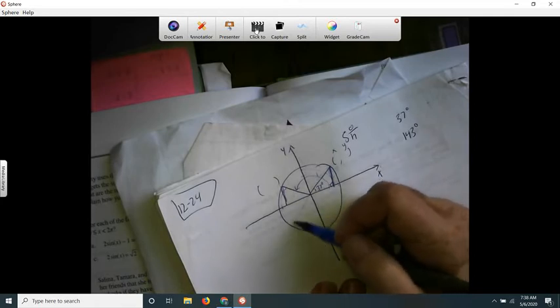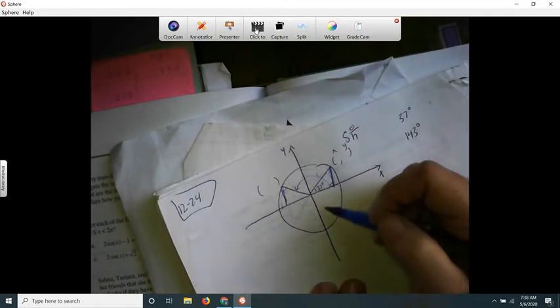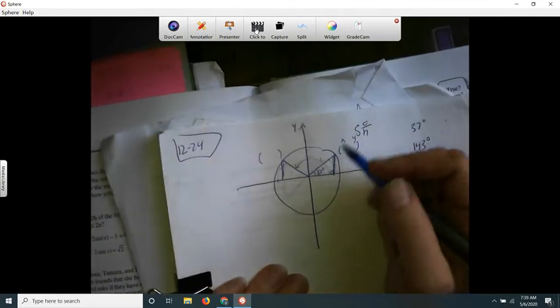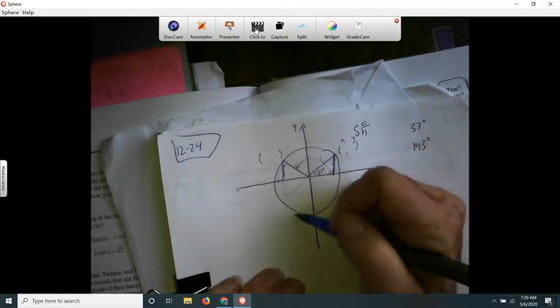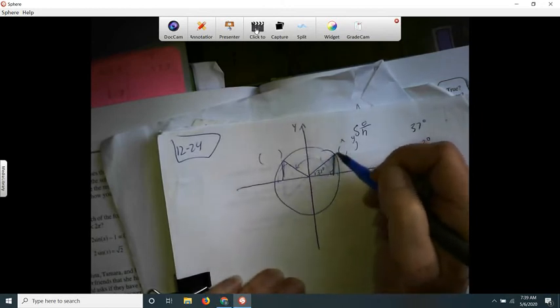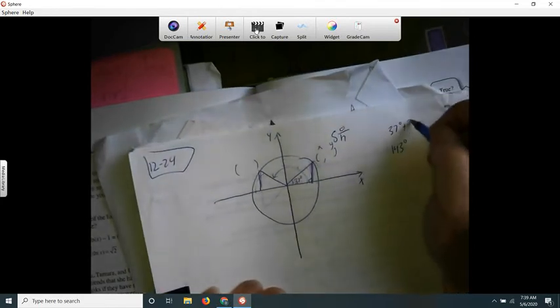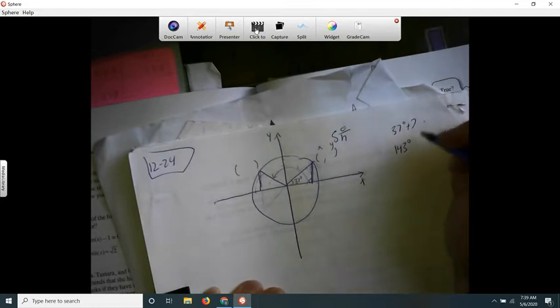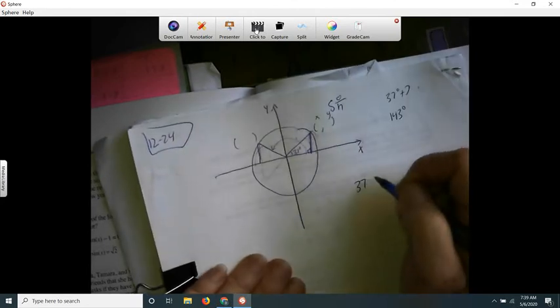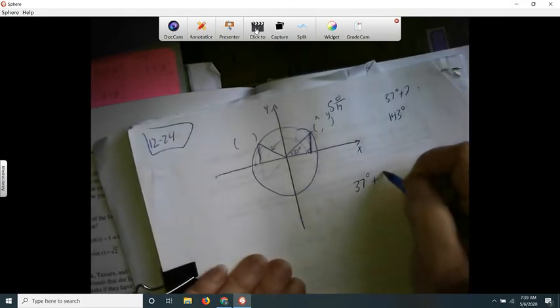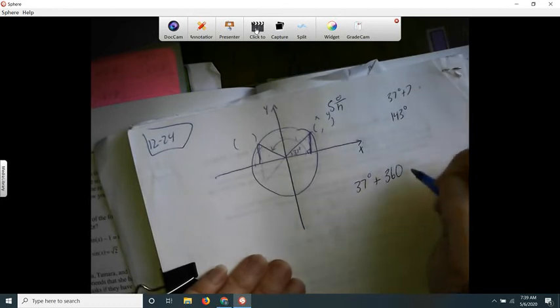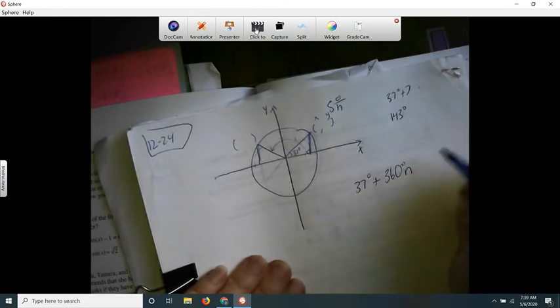Now if I went down here and made the same triangle, sine would be negative. Same with this. So we don't want to include those. But we know that we could go around the circle by 360 degrees and keep landing here over and over. So we're going to add a 2... Oh, no, we're not going to say 2 pi n. We're going to say 37 plus 360n, I guess is a good way to say it.